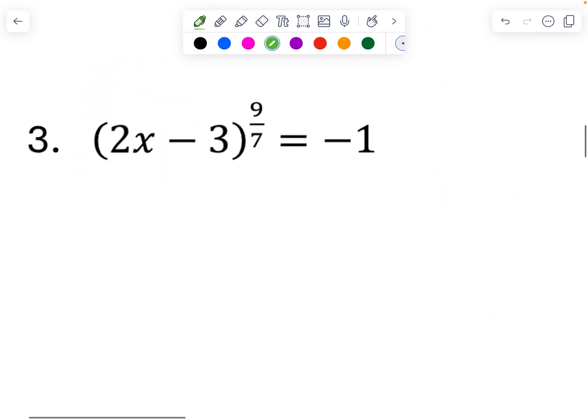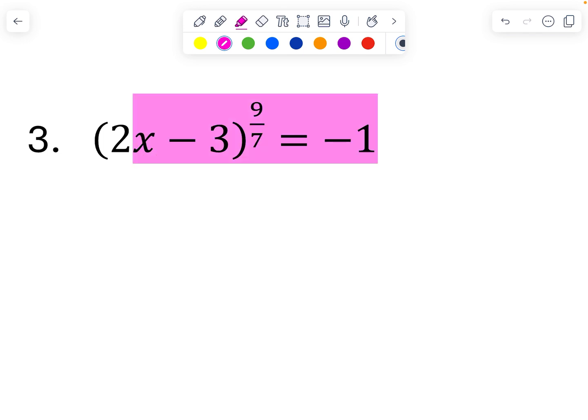Okay, so if we look at this one, again, if we study, we have that, but the very first thing that has to happen is the power needs to go away, because the x is being multiplied by 2, which is being subtracted by 3, but all of it is inside the parenthesis.